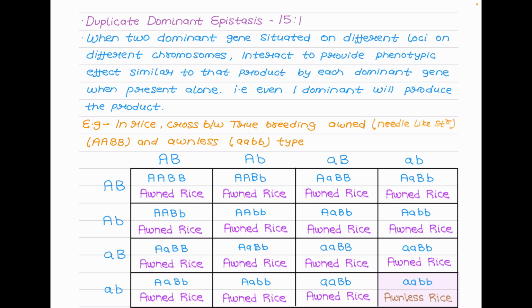Gene capital A and gene capital B both independently control the production of awns. If a plant has at least one capital A or one capital B, it will produce awns. Only when the plant is all recessive, that is, both genes are small a, small b, will it be awnless. So the ratio will become 15:1.